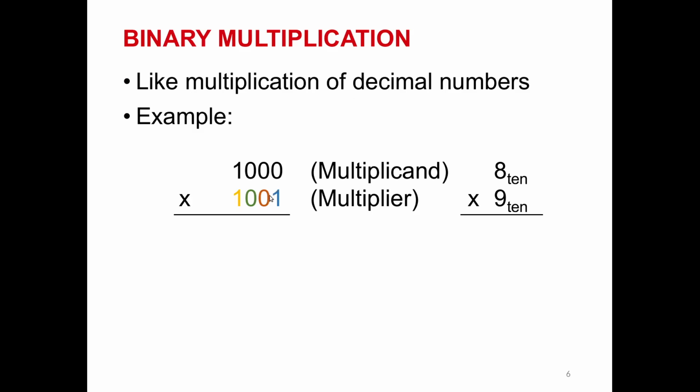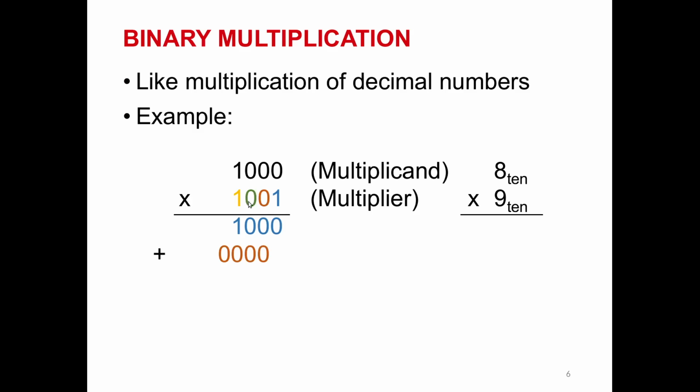We take this value 1 and multiply it with this multiplicand and write it down here, and then we take the second value from the right, 0, and multiply it with this multiplicand and write it down here, but shifted one bit further to the left, so it's located here.